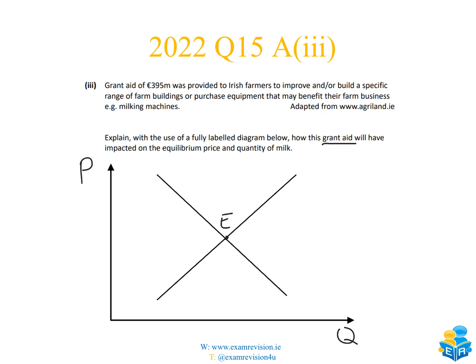So E for equilibrium, and we go straight across. Call it PE for price equilibrium, or again you can do P1, P2, PX, whatever. I always do PE, and then QE for quantity equilibrium.